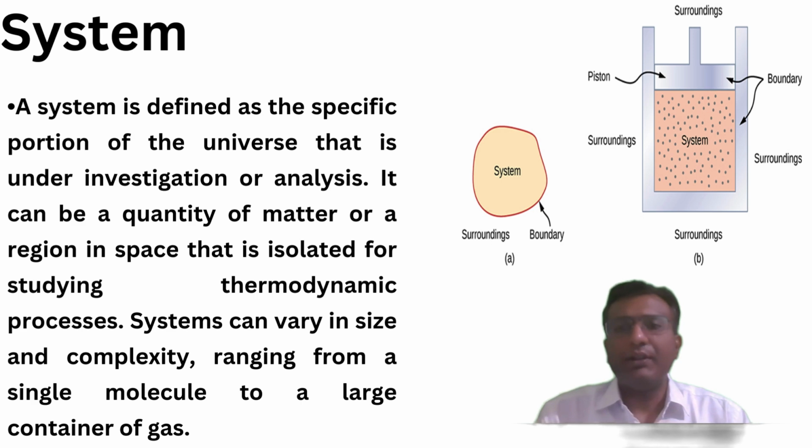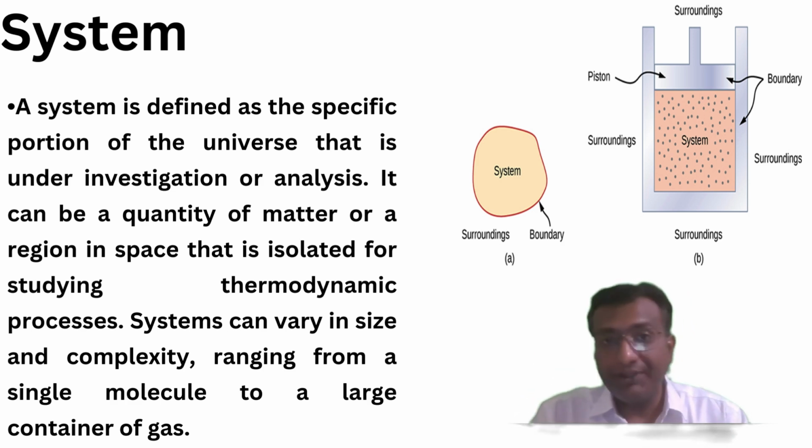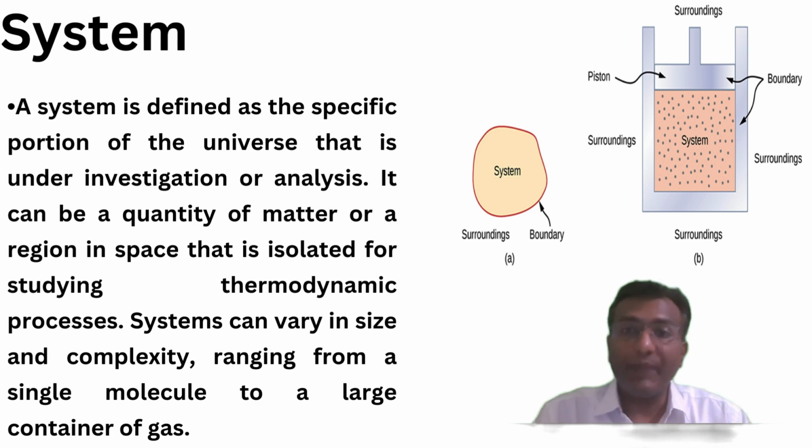Now coming to the other aspects of a thermodynamic system, it can also be defined as a portion of the universe that is isolated for the study. It can be a fixed amount of matter or a specific region in space where the energy interactions are observed. Systems vary in size and can be complex, ranging from a single molecule to an entire power plant.